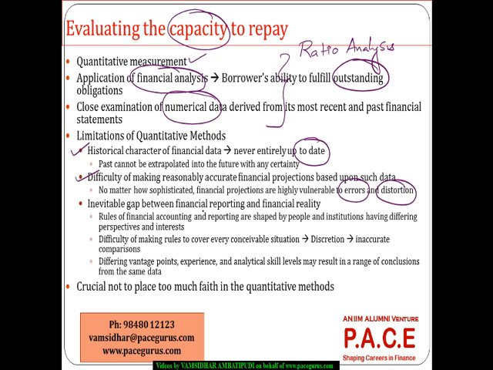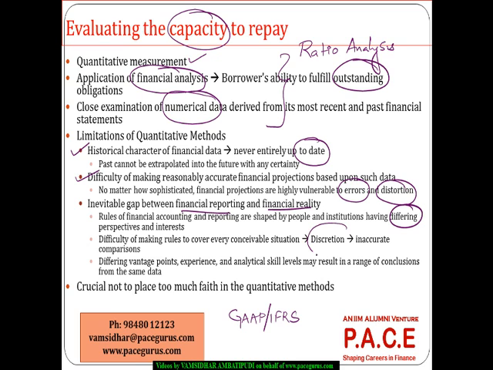And there could be an inevitable gap between the financial reporting and financial reality. Financial reporting is based on GAAP and IFRS, which are the reporting standards that are being set. And those standards are created by people who have different perspectives and different interests. They may not match with the reality altogether. And it's not that easy to design the rules for almost every situation, every transaction.